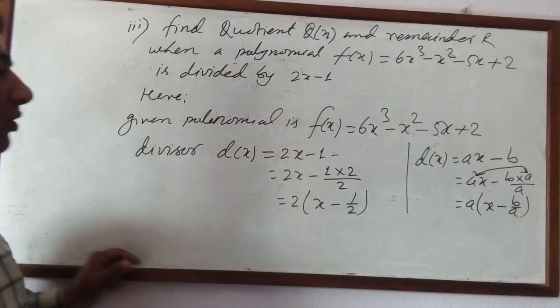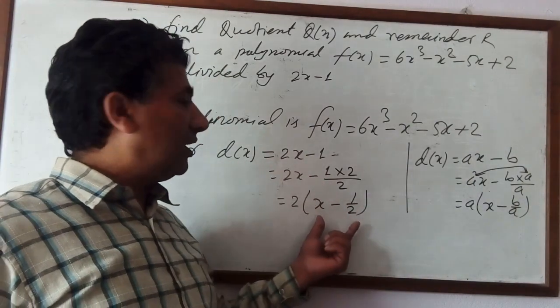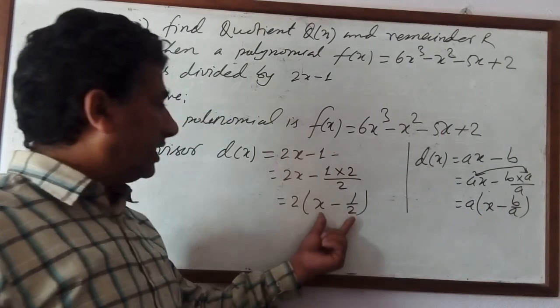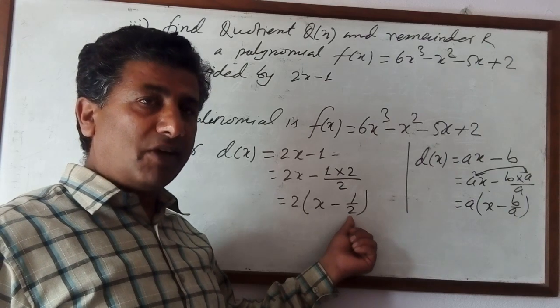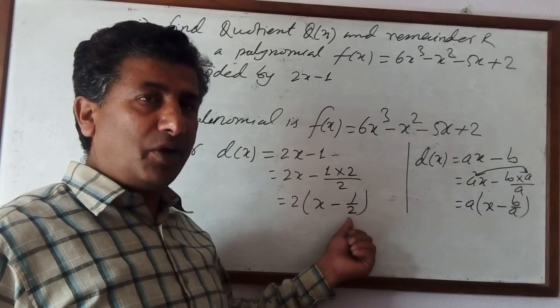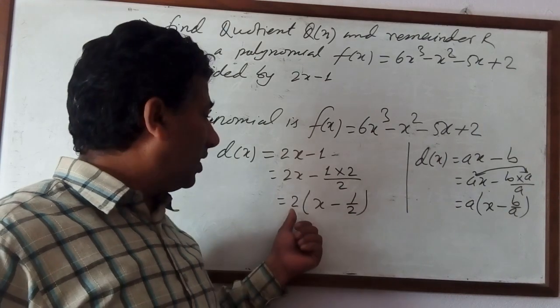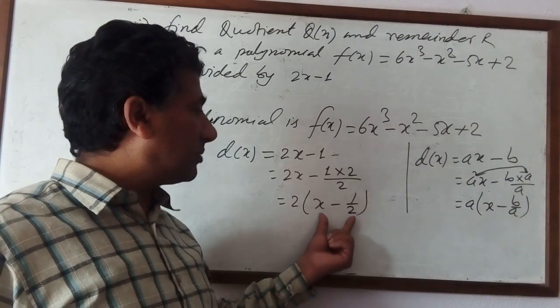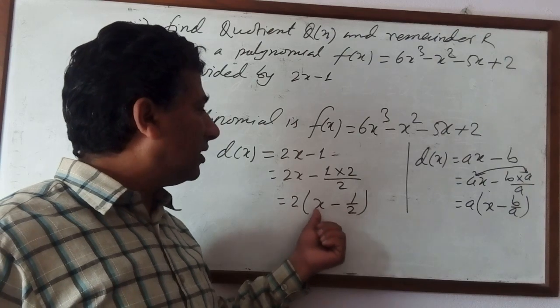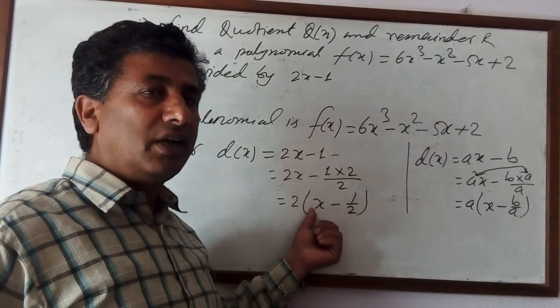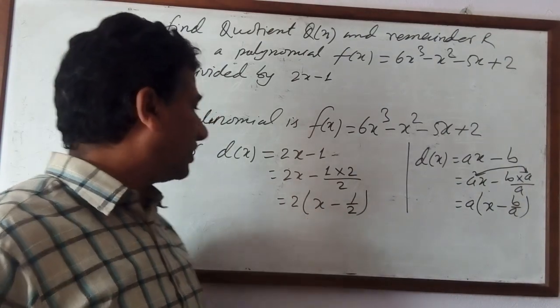Now we found the divisor in this form. Now here is x minus a, and in place of a there is 1 by 2. This x minus a, this linear form, we found it. Linear means we remove the coefficient of x, this 2.